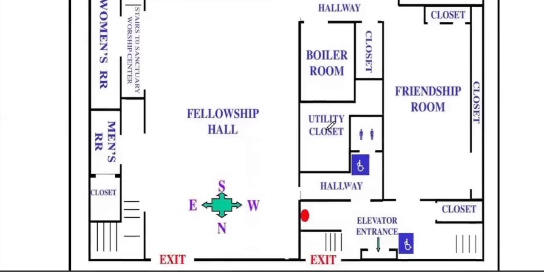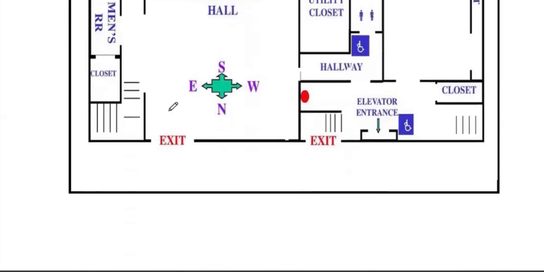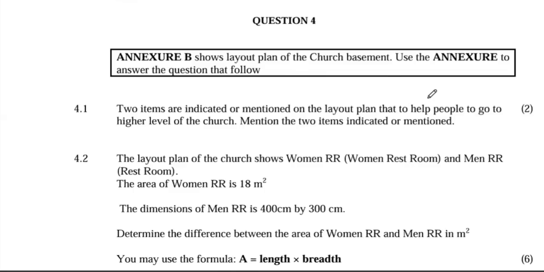So 1, these are stairs. 2, we have what? Elevators. Definitely, these are the 2. So here we are saying we have the stairs and the elevator.